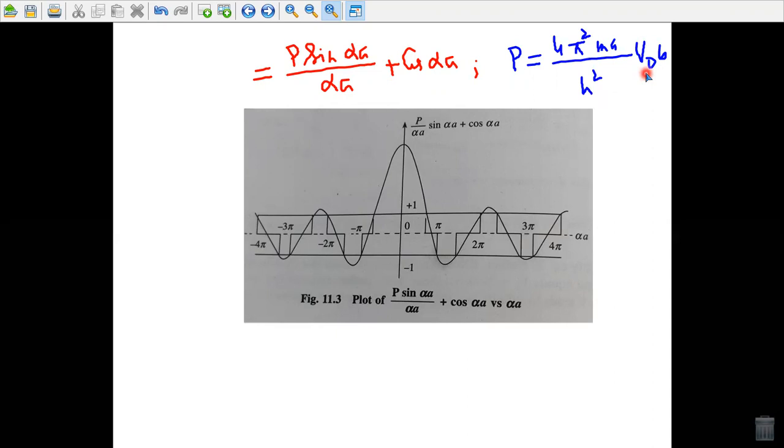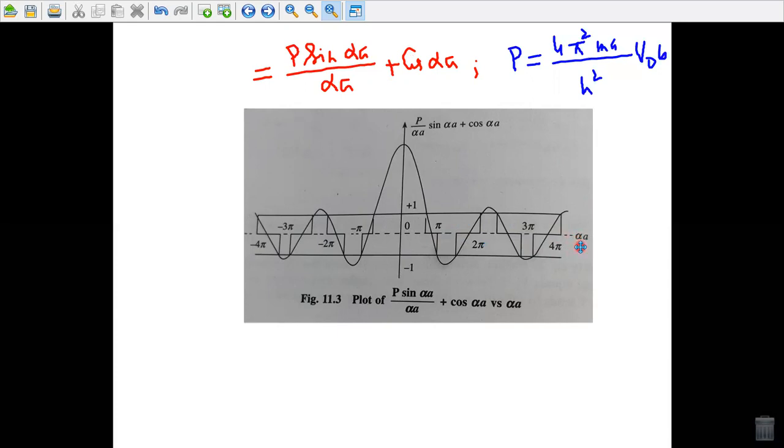So this equation, P sin alpha a by alpha a plus cos alpha a, is schematically represented in this figure. The quantity on its right side is plotted as a function of alpha a, so the x-axis is alpha a.